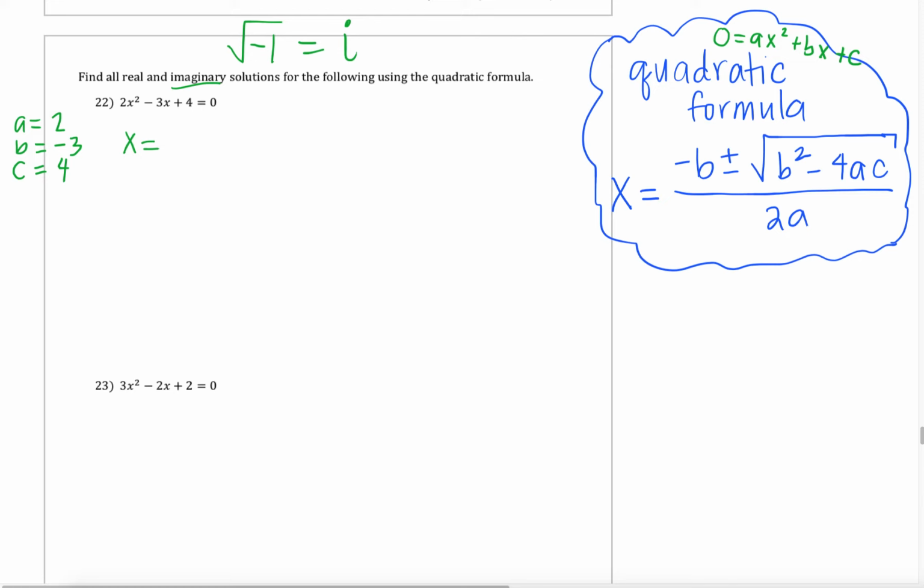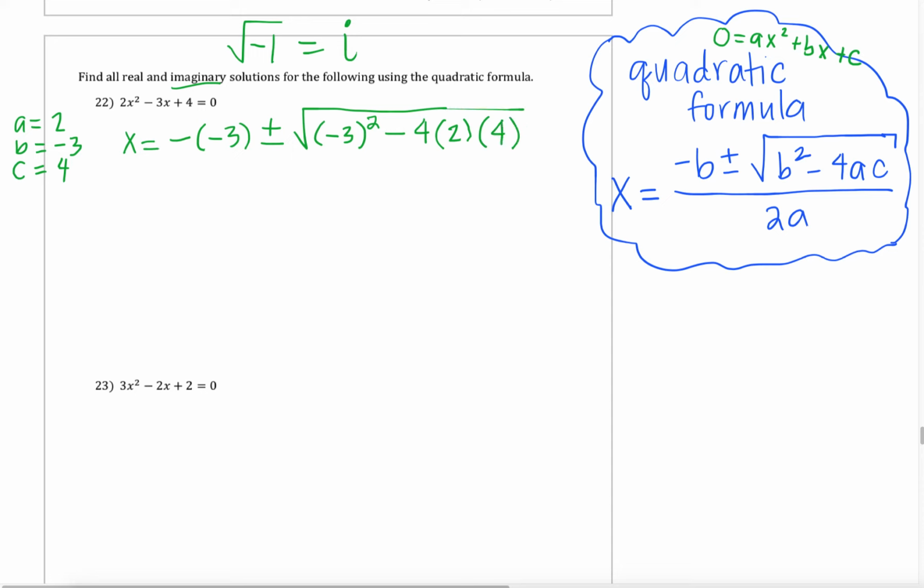We start off with negative b, so I get negative 3 plus or minus the square root of b squared. Since b is negative, I need to put it in parentheses since I'm squaring both the 3 and the negative sign, minus 4 times our a, which is 2, times our c, which is 4.